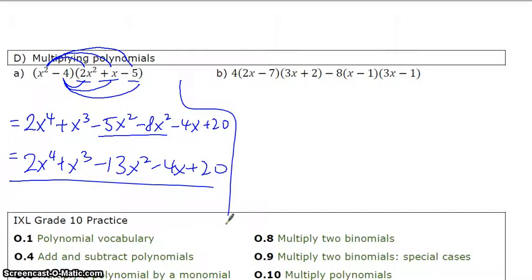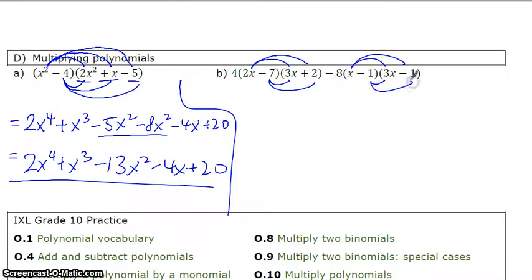Okay, now the last one. You're actually multiplying 3 things together and then you subtract another 3 things together. You can distribute this 2, and then the result is another binomial and then you FOIL with the next one again. But I think the better way is to FOIL this one first, leaving the 4 at the end, and also FOIL this one.